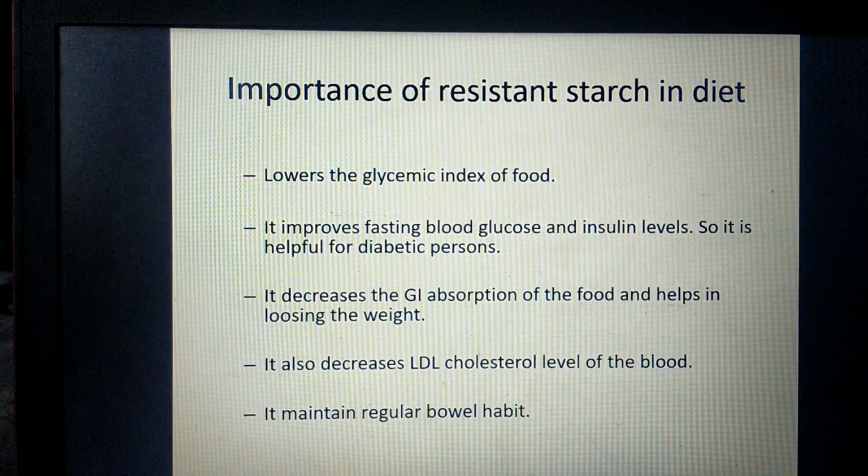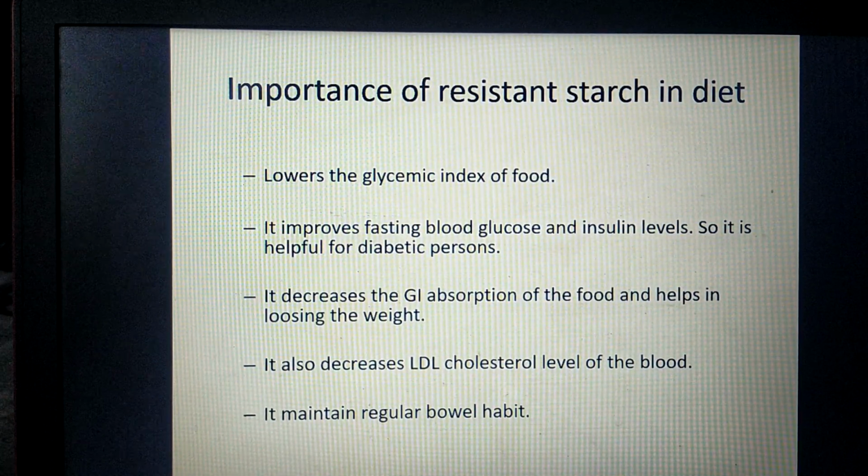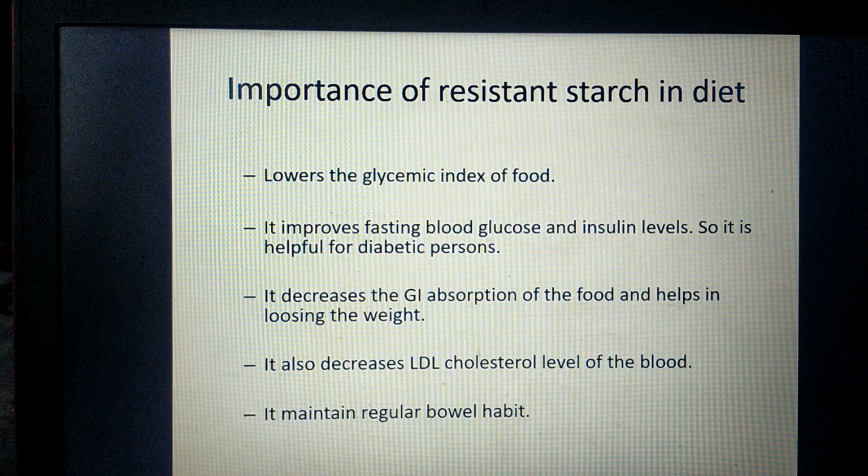It has some importance because the glycemic index is directly proportional to the secretion of insulin, and insulin secretion is directly proportional to the synthesis of fat in our body. Resistant starch, by lowering the glycemic index of the food, decreases the insulin secretion and fat synthesis in our body.